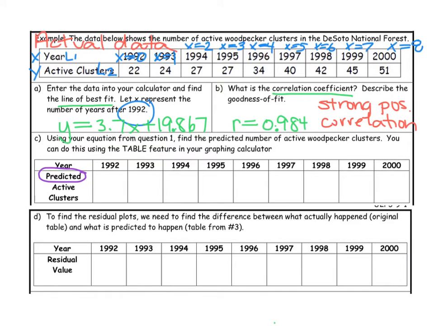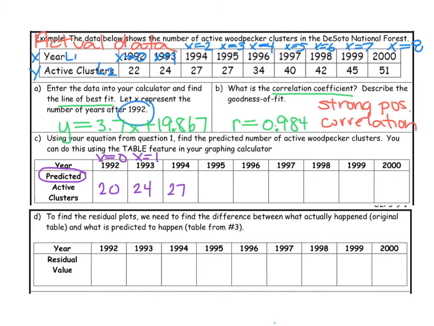When we go to second and graph, it's going to give us an X list and a Y list. The X list, remember, is the years after 1992, so this was X equals 0, X equals 1, and so on. And when we do that on our calculator, in 1992 we estimate there are 20. In 1993 we estimate 24.